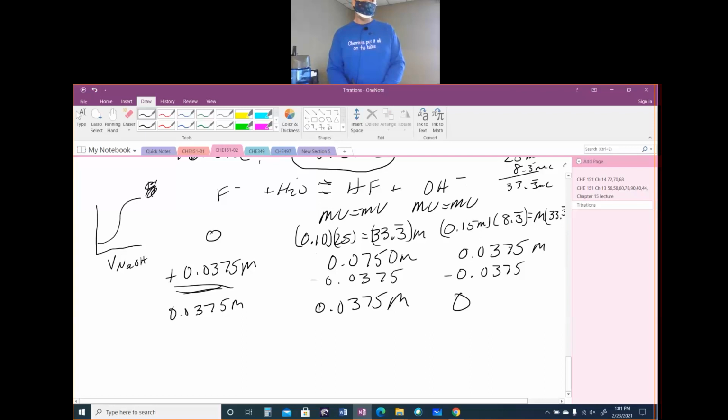All right, and so here is the equivalence point. That is your equivalence point. So that's the volume at the equivalence point. Here's the pH at the equivalence point. All of these things before the equivalence point is a buffer. All right, so this is your buffer zone.